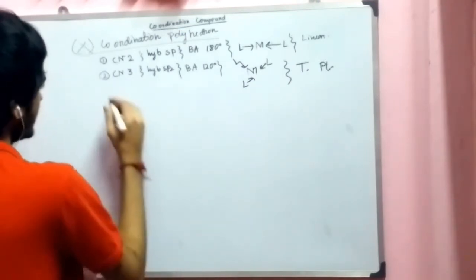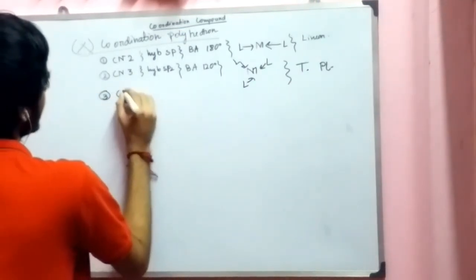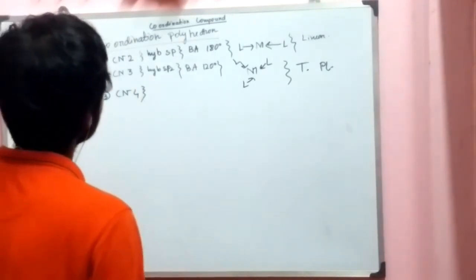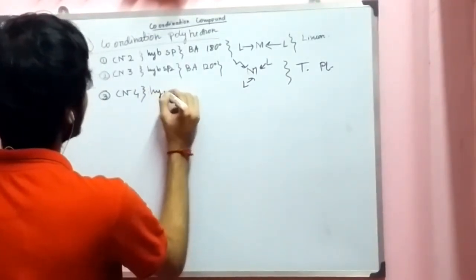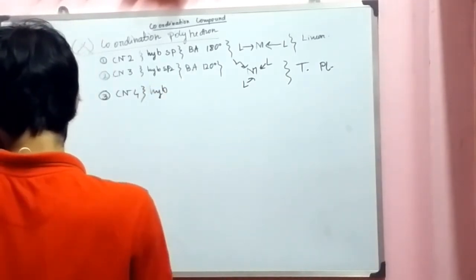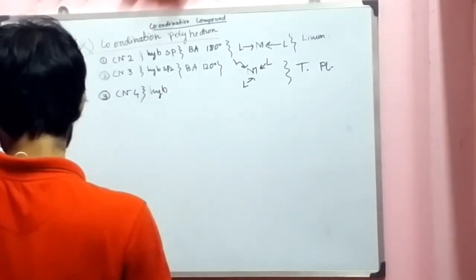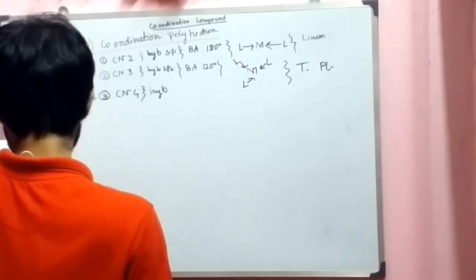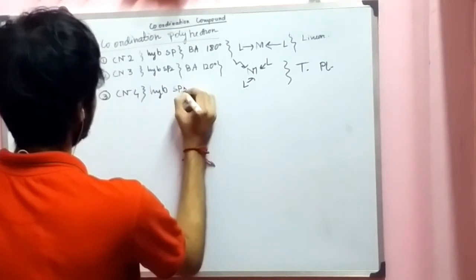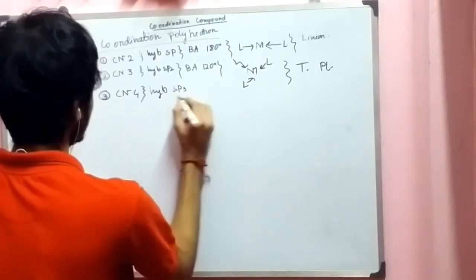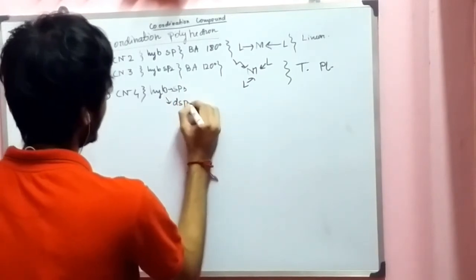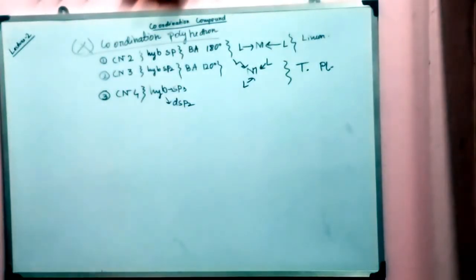And the third type is coordination number 4. Coordination number 4 means hybridization is sp3 or dsp2. Here is the plot twist.